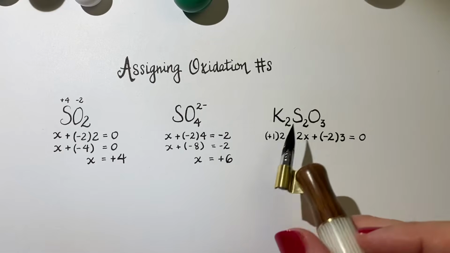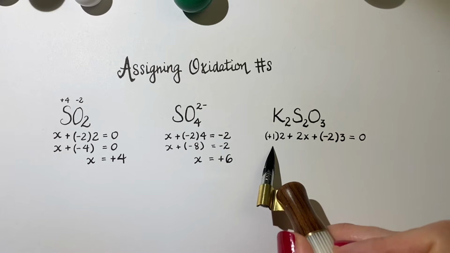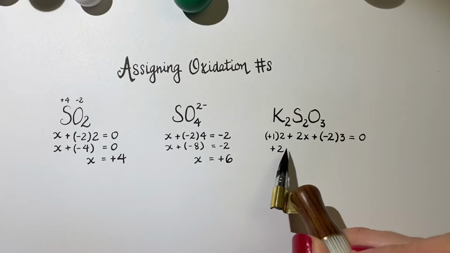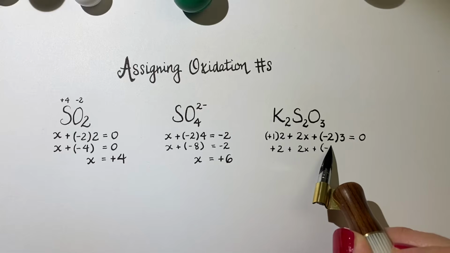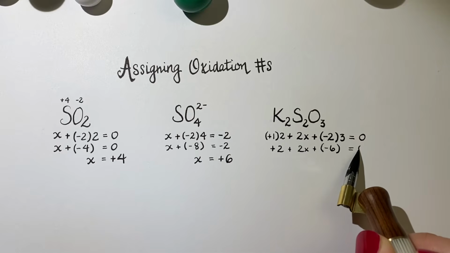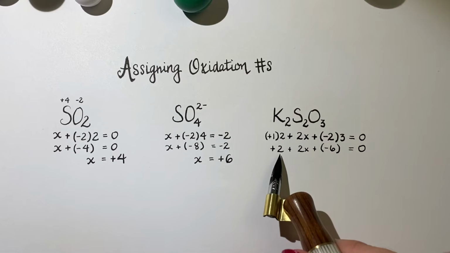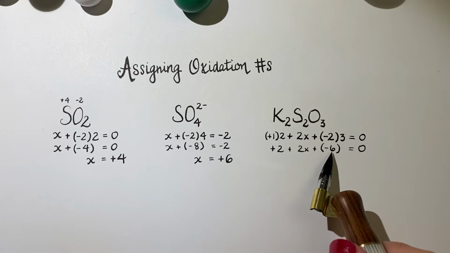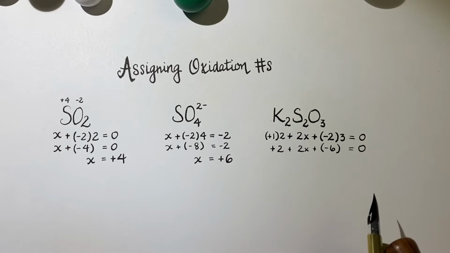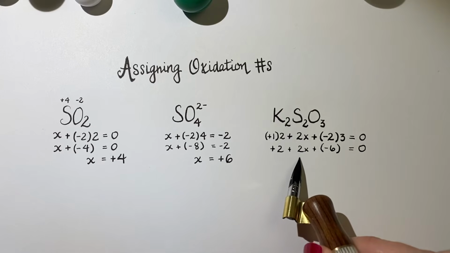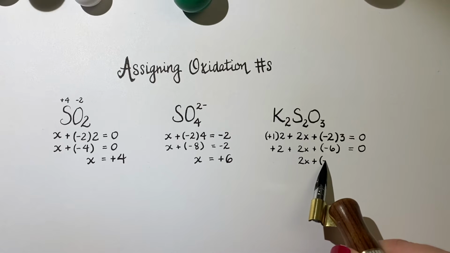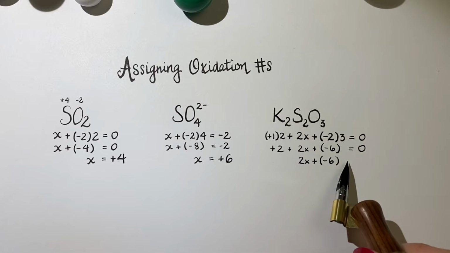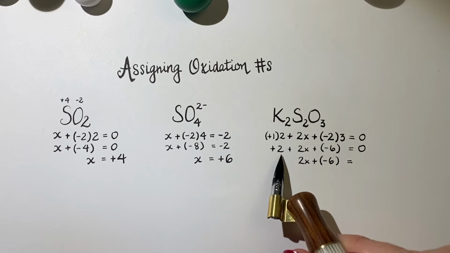Alright, so how about we multiply this out? Here we have +2, 2x, here's our -6 equals 0. Now we can subtract 2 from both sides and add 6 to both sides. Okay. And just in case you need practice with algebra, why don't we do this one step at a time? Subtract 2 from both sides.